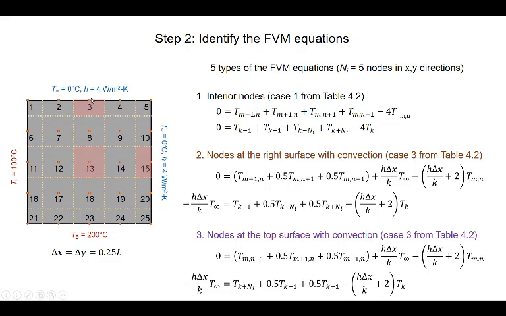Looking at node 3, if node 3 represents k equal to 3, then we have node 8 below, which is the k plus ni, 3 plus 5 condition. For m plus 1 and m minus 1, we have the node to the right and to the left respectively. K minus 1 to the left, k plus 1 to the right. I have moved the constant to the left-hand side.